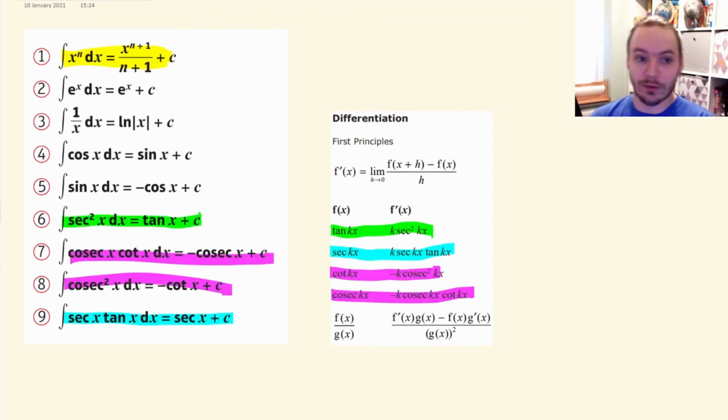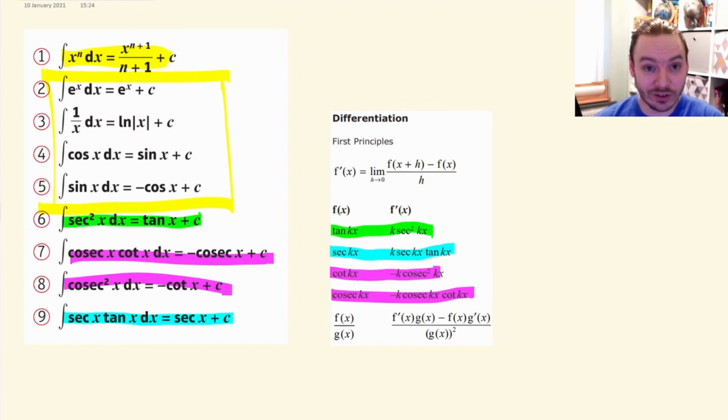So whilst I have just said there's lots to memorize, actually the only new things you need to memorize are these ones, because the other 4, 6 through 9, are in the formula book, but they're in the differentiation section. You just need to remember that integration is the reverse. So if they're written in the differentiation section, you can still use that when you're integrating.